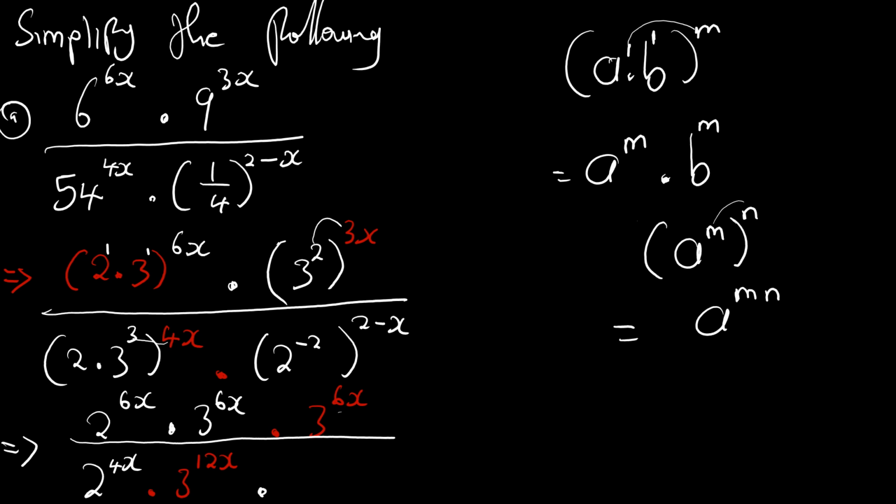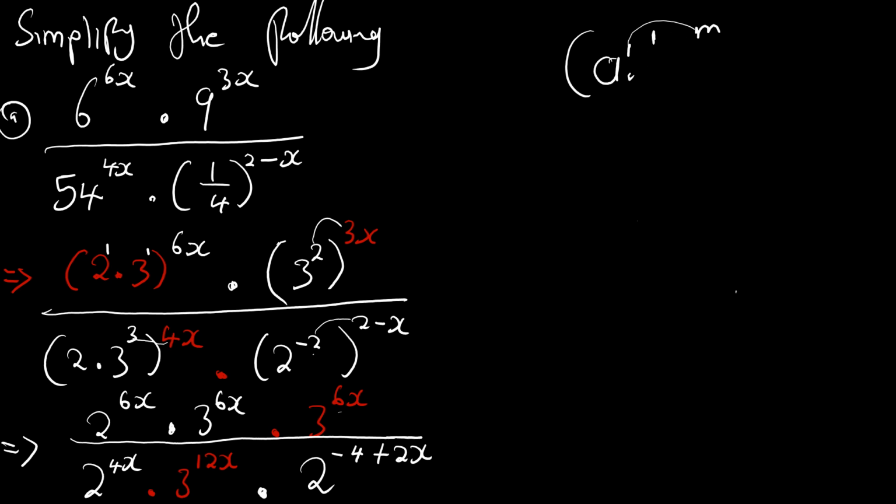Multiply by 2, negative 2 multiplied by 2 is going to give us negative 4, and then negative 2 times negative x is going to give us positive 2x. Those were the rules of exponent that you need to know before attempting this kind of questions.